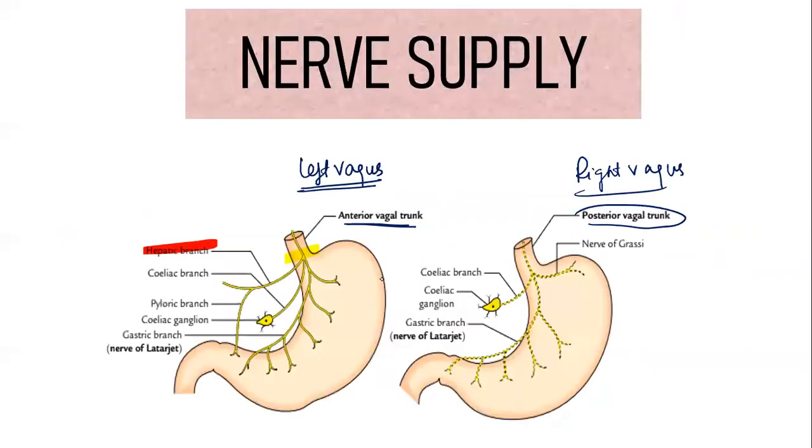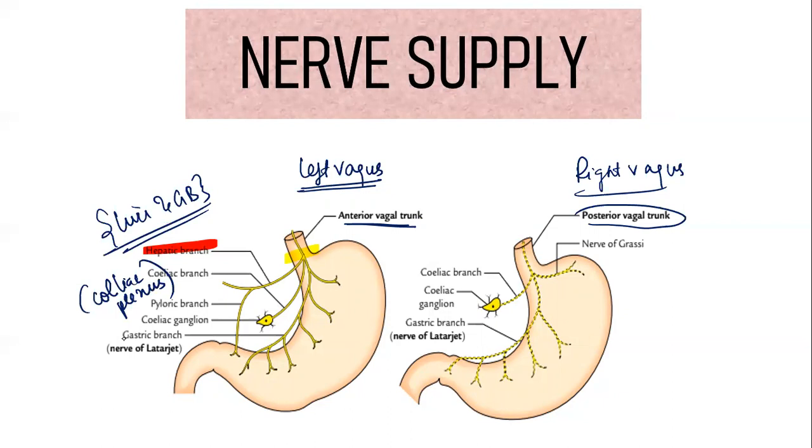The hepatic branch of the anterior vagal nerve goes along the lesser omentum and supplies the liver and the gallbladder. Then you have the celiac branch, which supplies the celiac plexus, the network around the celiac trunk.